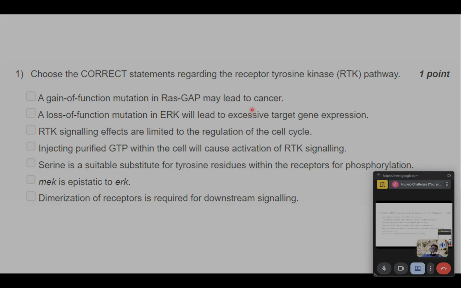So you can think and choose which of these are going to be the correct option. There are multiple here. So I will give you a moment to think about this.